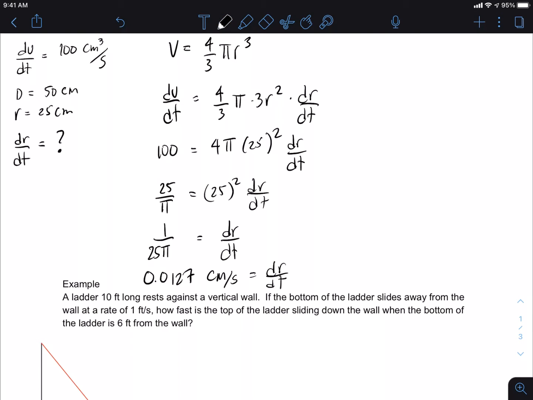Any questions on this problem at all? No. We're okay? Yep. So it truly is about being able to interpret what the question is asking and then going from there. Okay? All right, let me go on to the next problem.